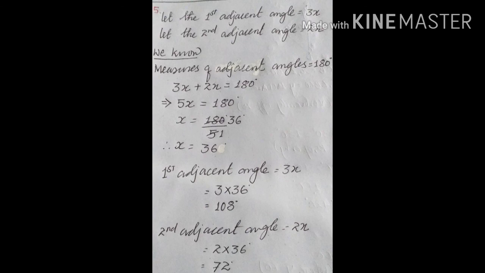Now here also in place of x put the value, 2 into 36, if you multiply you will get 72. Now here we get the first and the second adjacent angles, that is 108 degrees and 72 degrees. Now similarly you can do question number 6 yourself.